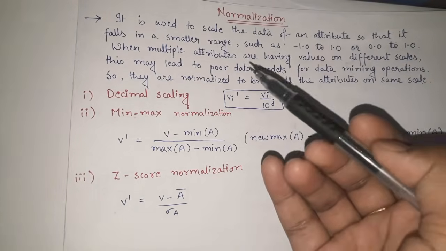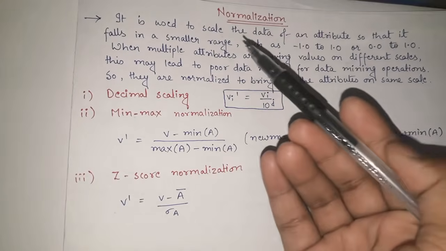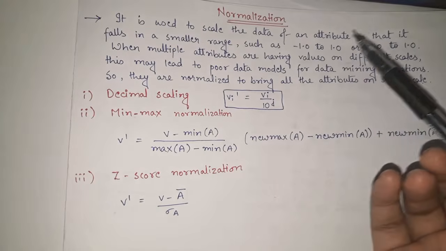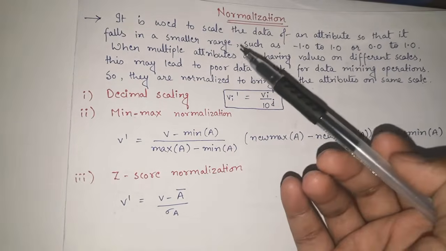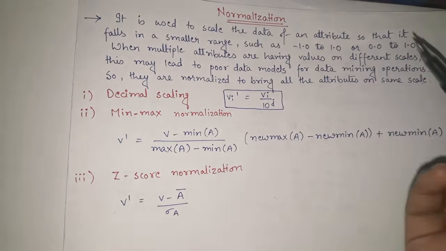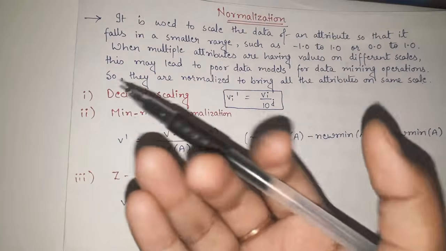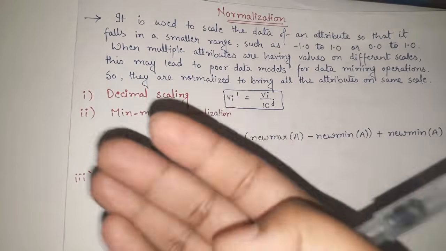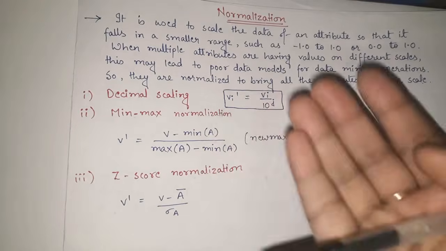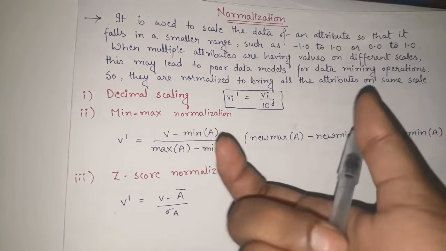First of all, the question arises: what is this normalization all about? Normalization is used to scale the data of an attribute so that it falls into a smaller range such as -1 to 1 or 0 to 1. So what they are saying is that whenever we have any set of data or any set of attributes, normalization is used to make the given data fall into a smaller range.